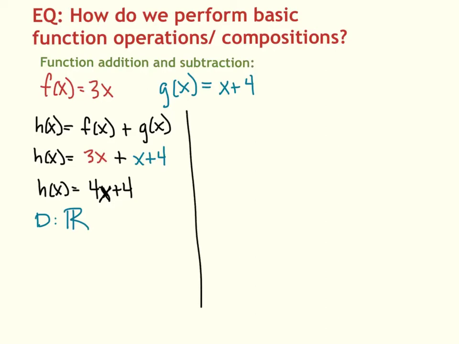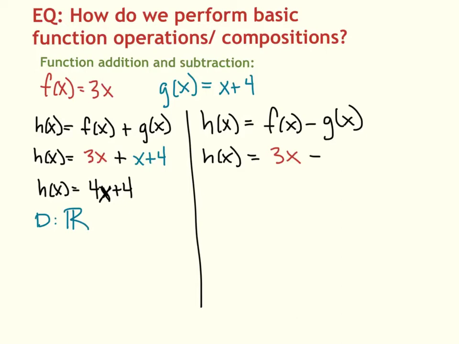Okay. So what if that function h of x was made by subtracting g of x from f of x? Well, then we'd say that this h of x is equal to my 3x minus g of x, which is x plus 4. Now, I've written it like this for a reason. This is how almost everybody does this, and this is their first mistake.